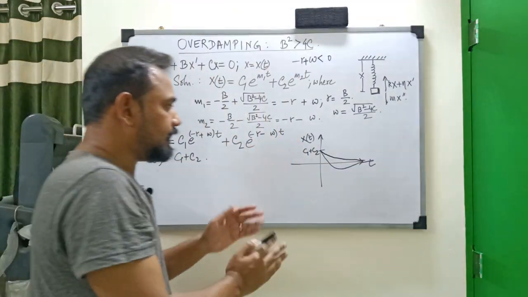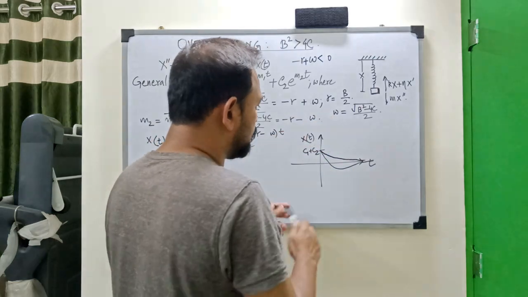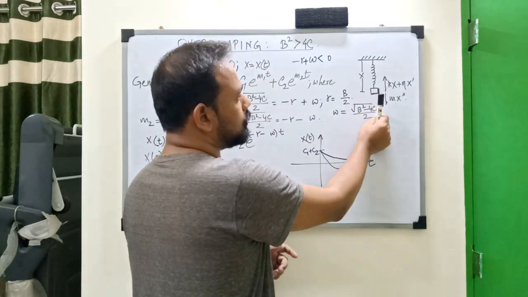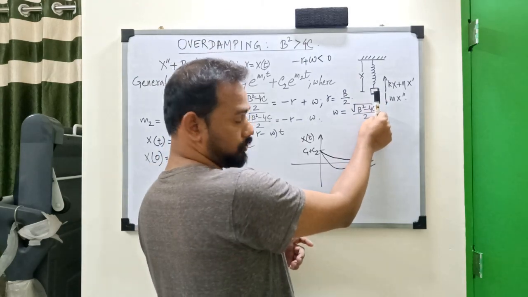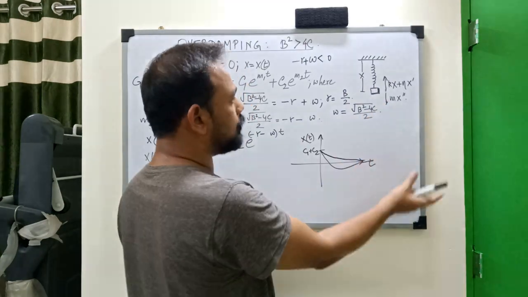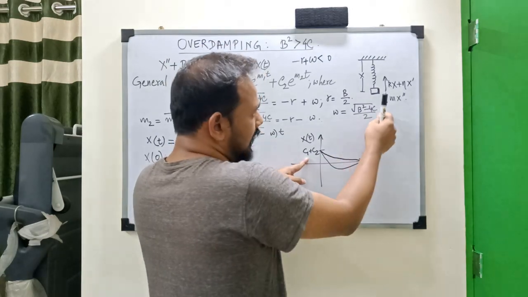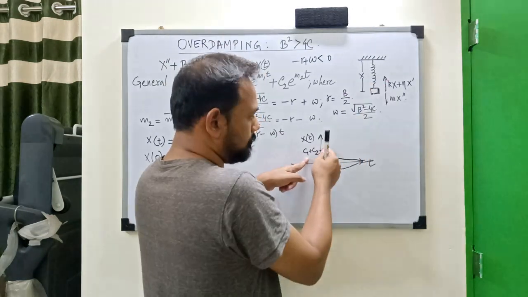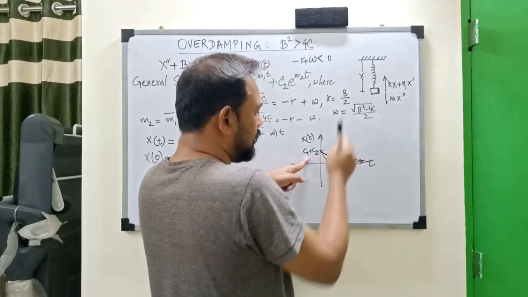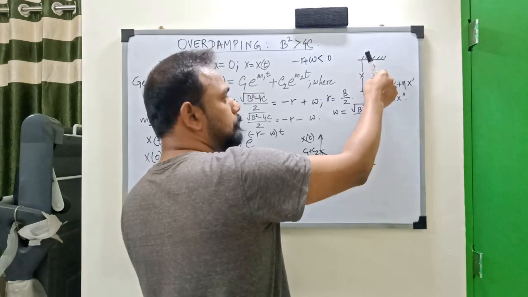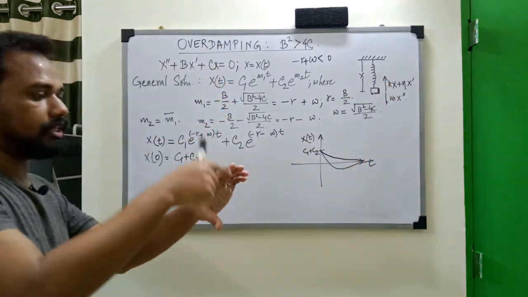So if you pull it down to its initial position at time t0 and you let it go, in one case, it can just go up and then stop because it's just decaying. Or in another case, depending on what c1 and c2 are, it may just go up once and then come down and stop. So it's overdamped.